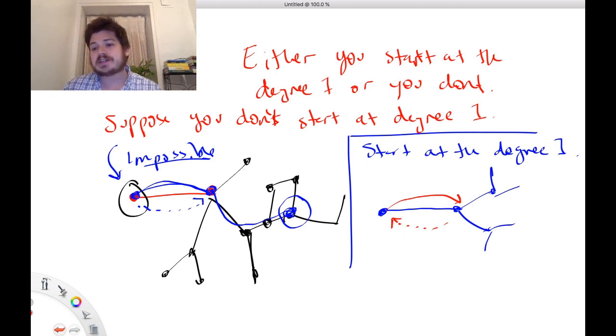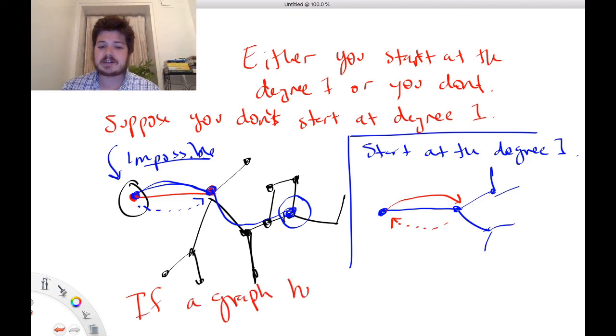So if you ever have a degree 1 vertex in a graph, then no Eulerian cycle exists, because you cannot come back to your original vertex. So if a graph has a degree 1 vertex, then no Eulerian cycle exists.